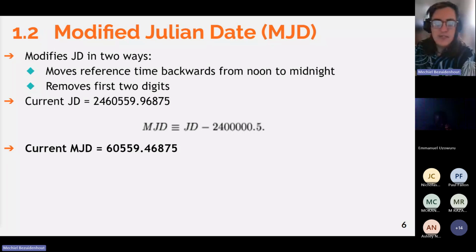And there we use these MJDs as time codes to record when exactly the pulse arrived, but you have to use as many digits after the comma as possible to do that as precisely as you are able.